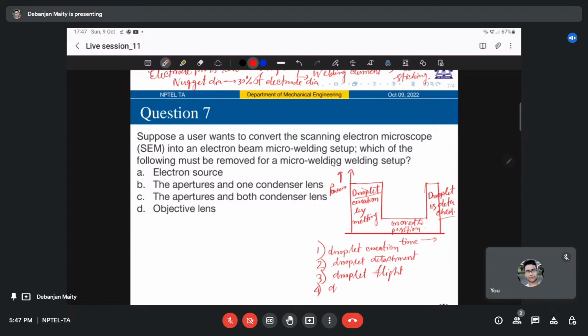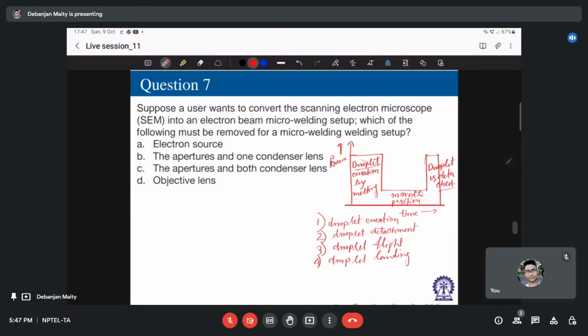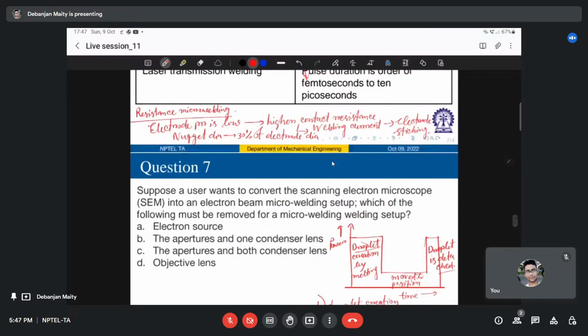Fourth, droplet landing. And the final one is droplet solidification. Right.